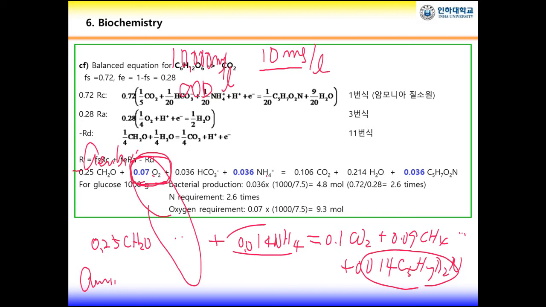For example, in a normal domestic wastewater treatment plant, with a COD of about 3 to 5 milligrams per liter, the energy consumption is about 0.2 to 0.5 kilowatt hours per cubic meter of wastewater, and this is about 50% of the total energy consumption in the wastewater treatment plant.